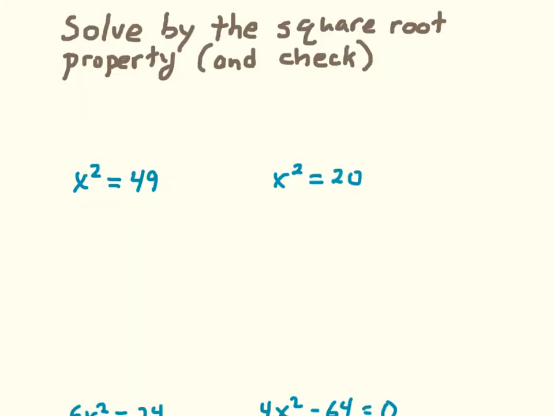Alright, so now let's talk about this new property we're learning to help us solve quadratic equations. This is the square root property. So the square root property says very simply that if I have x squared equals c, then x has to equal either the square root of c or the negative square root of c.